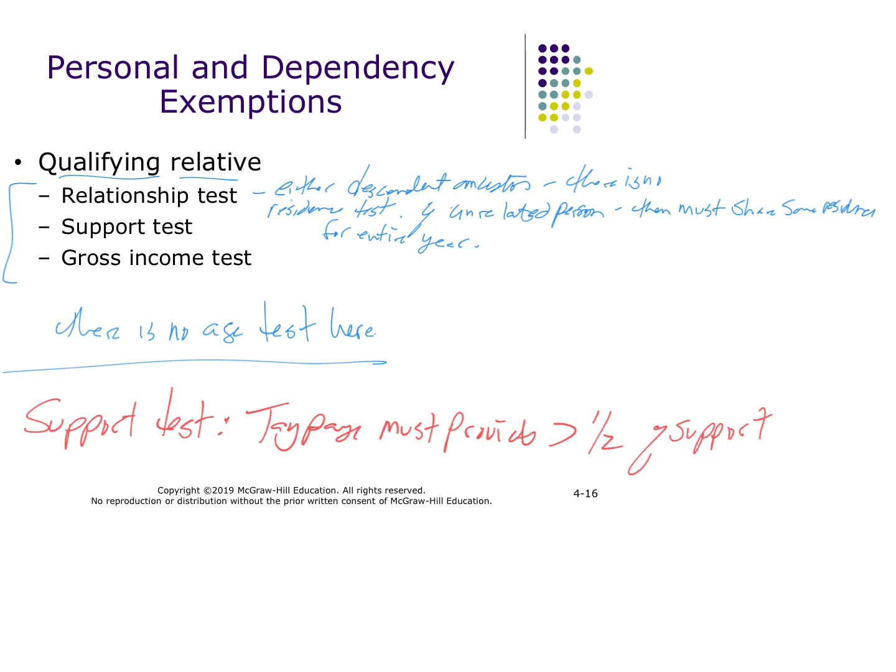Okay, there's also a gross income test, okay? The gross income test: the person who is wanting to qualify as a dependent must earn less than the exemption amount.